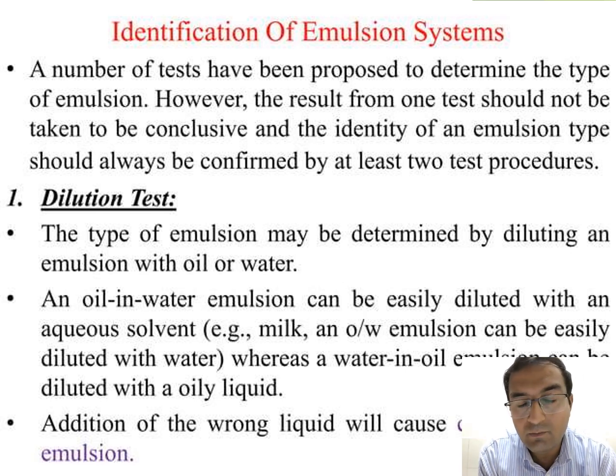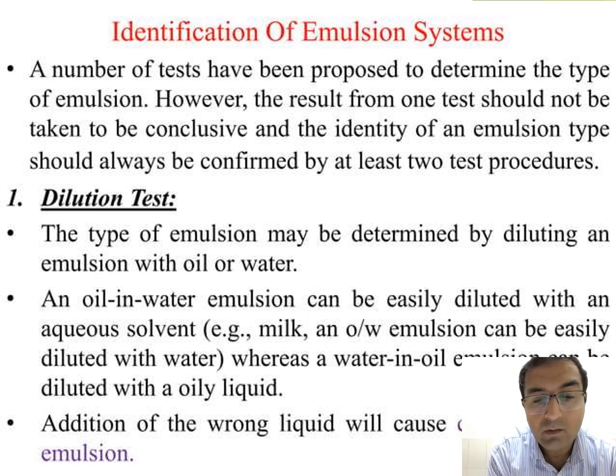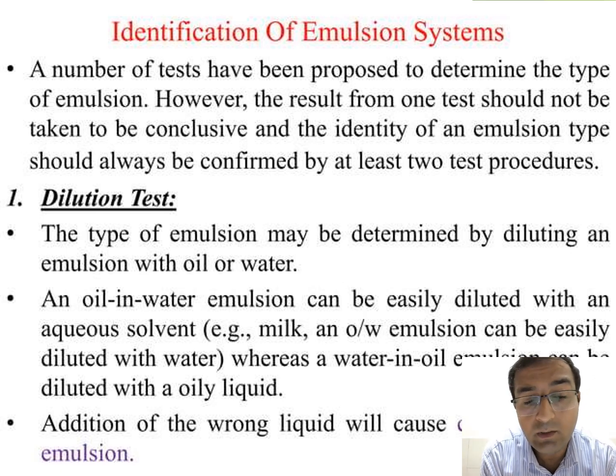If the emulsion mixes easily and homogeneously with the water, then it is definitely oil in water type, because in an oil in water emulsion the continuous phase is water, so it easily mixes with the added water, which proves the emulsion type.